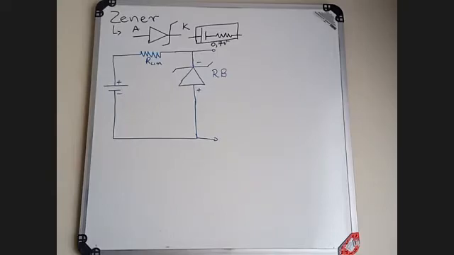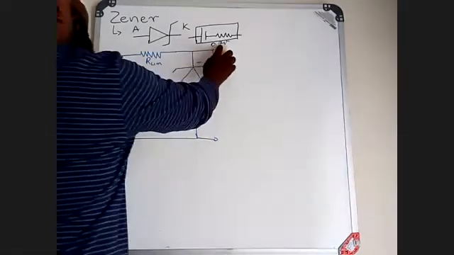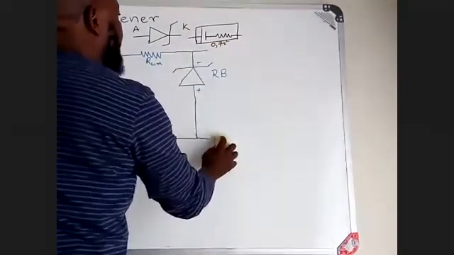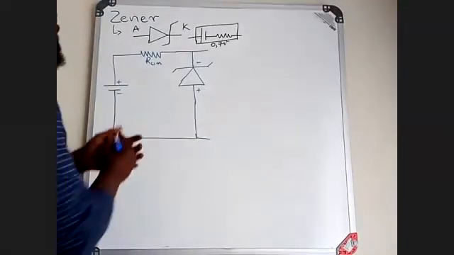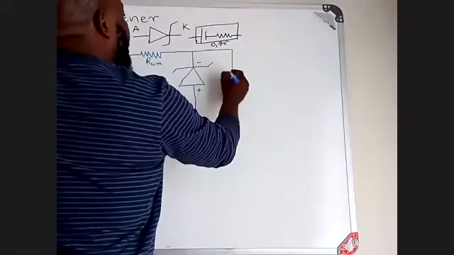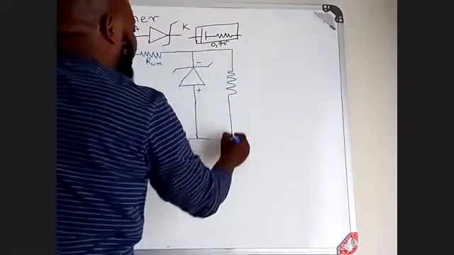These are the parameters that one needs to work with in an electrical circuit when you work with a Zener diode. Then I will connect an output load resistor, whereby I will be able to measure my output.